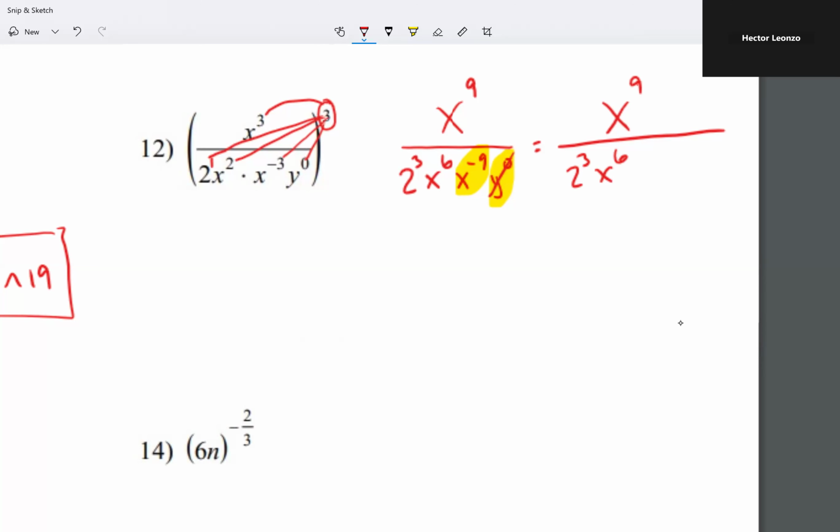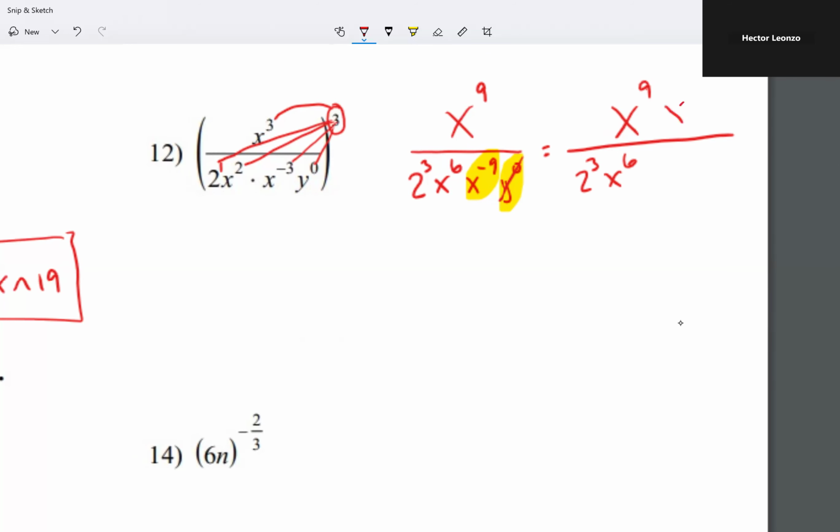So far, that's 2 to the third, x to the 6. Those were positive exponents to begin with. And then I'm going to have x to the 9 on the top. This negative exponent is negative at the bottom, so it becomes positive on the top. So when I simplify this, I'm going to say this is equal to x to the 18th, right?